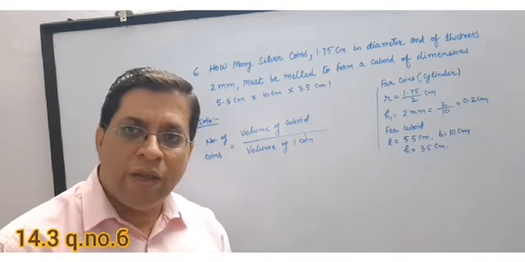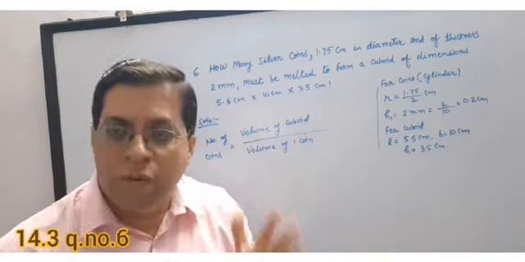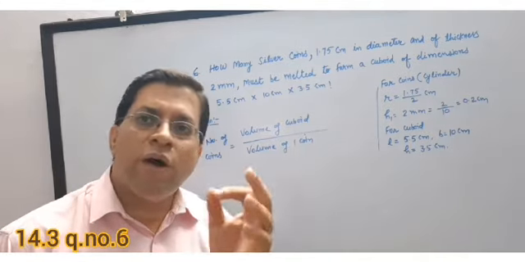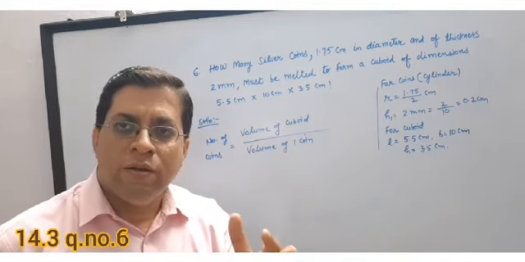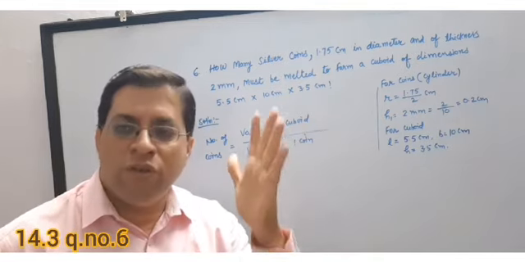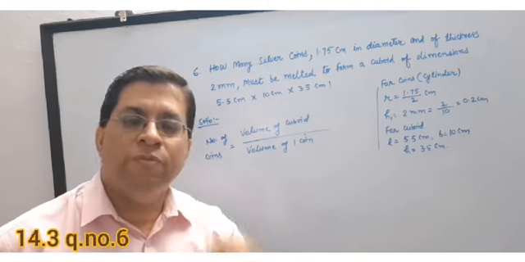First of all, one very good thing: the coin is in which shape? We have a 5 rupees coin. Just think about it. Coin is in which shape of solid? Yes, very good.